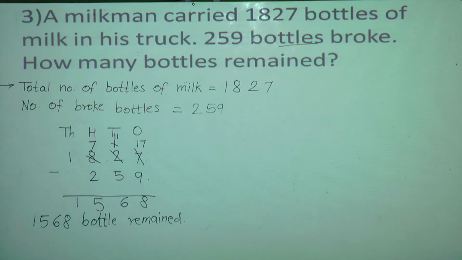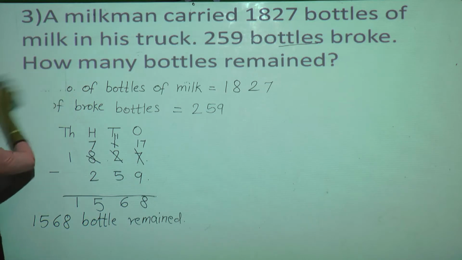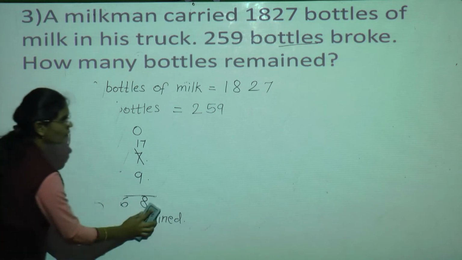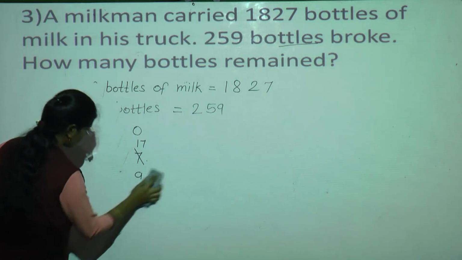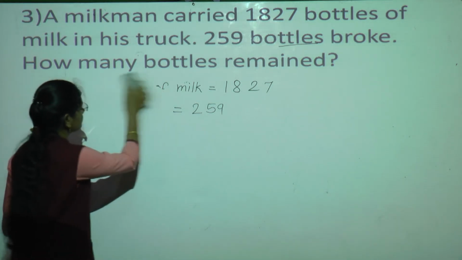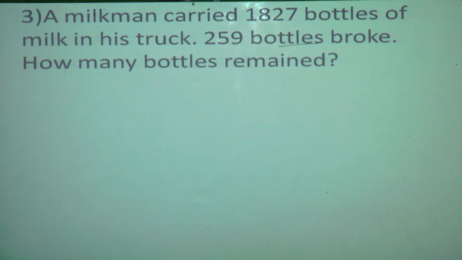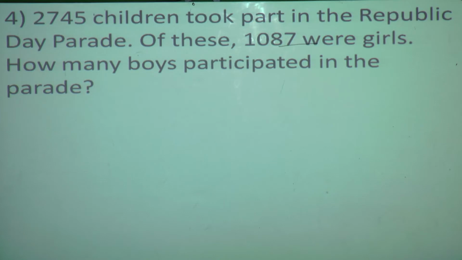Then see the next fourth example. Read the question. Textbook is there in front of you. From the textbook you have to read the question. Okay. What is the question? The question is 2745 children took part in the Republic Day parade.